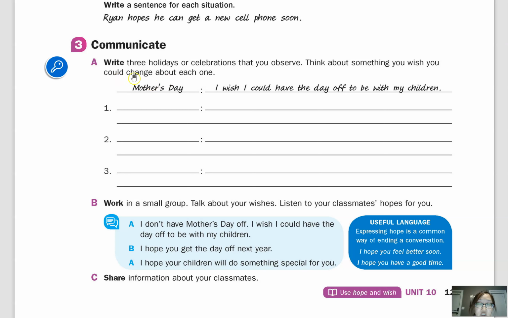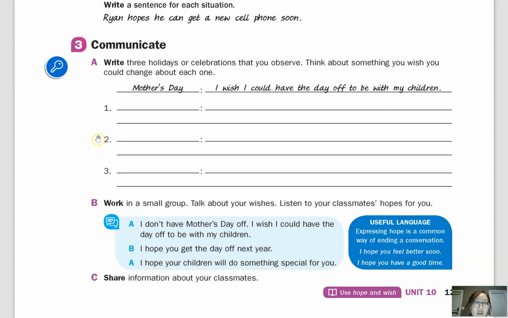Instead of changing something, you are expressing your desire for something that's a possibility, like I hope we can get together with our family and friends for a 4th of July barbecue. So that's a possible situation still, since it's a little under a month away.